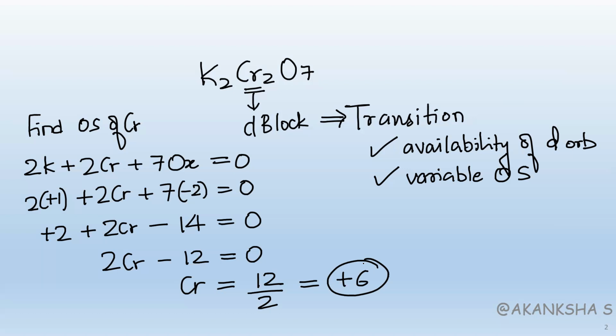Now, this +6 is not the only form of chromium available. We have another form of chromium available, famously in the formula K2CrO4. This is also one of the ways in which chromium is present.